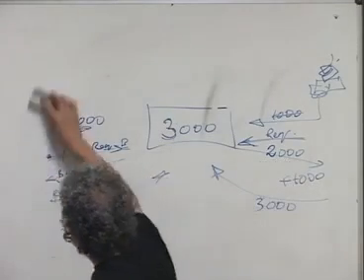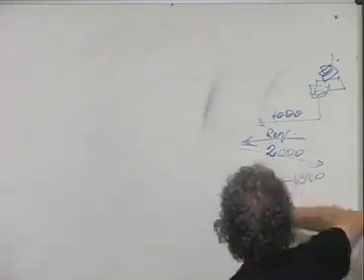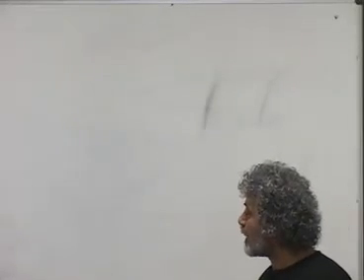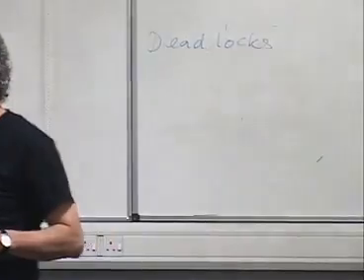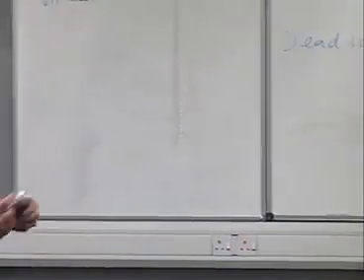So what we'll talk about today is deadlocks. And with deadlocks, first we need to know what deadlocks are, how to identify that there is a deadlock, how to prevent deadlocks, how to avoid deadlocks, so all these things.